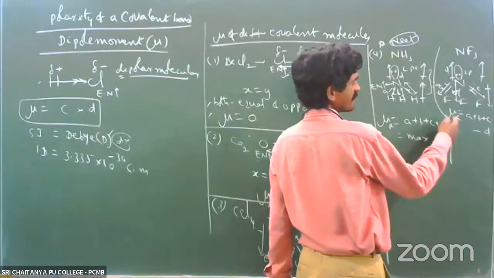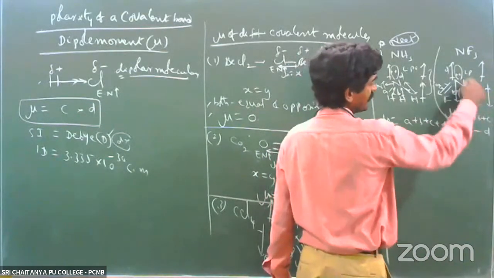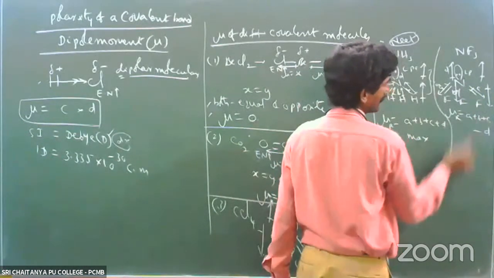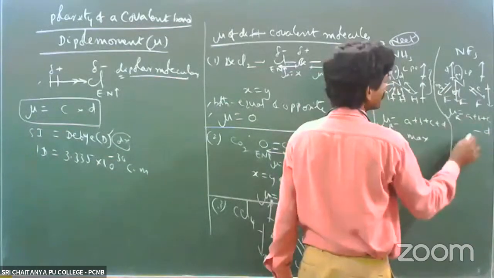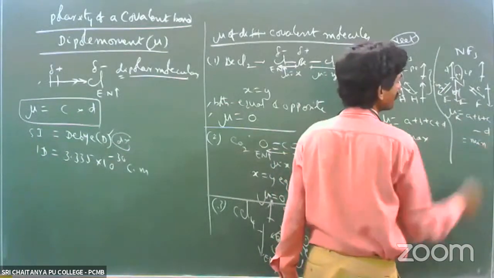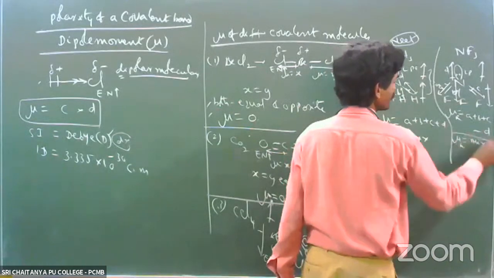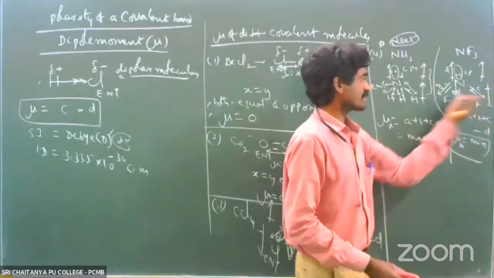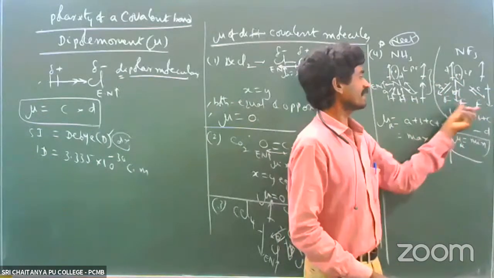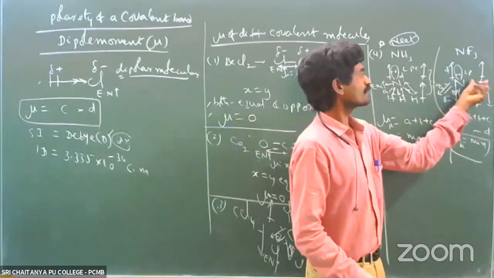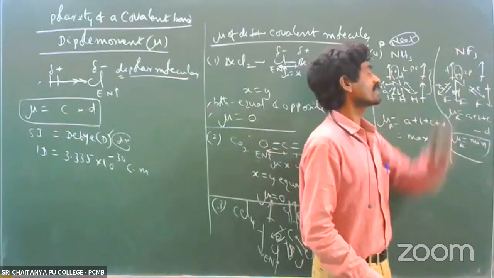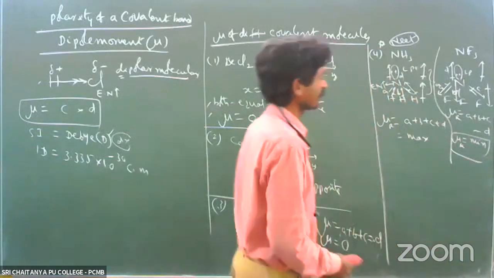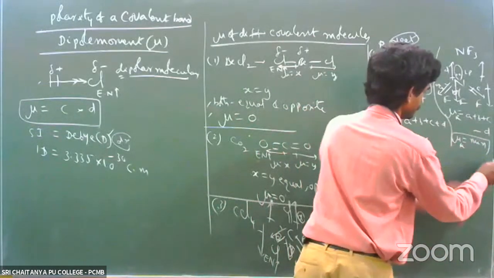That's why the resultant dipole moment is equal to A plus B plus C minus D. Then the net dipole moment will get a minimum value. The resultant dipole moment is minimum. Why? Because the resultant dipole moment of the 3 fluorine atoms is opposite to that of the dipole moment due to the lone pair of electrons. That's why the resultant dipole moment is minimum. Got it? Next one.